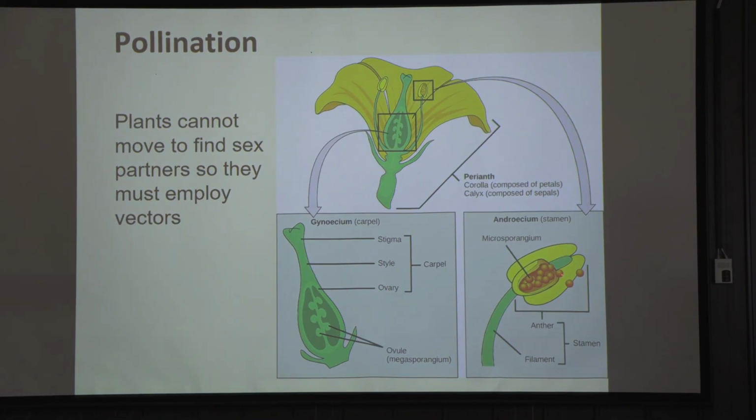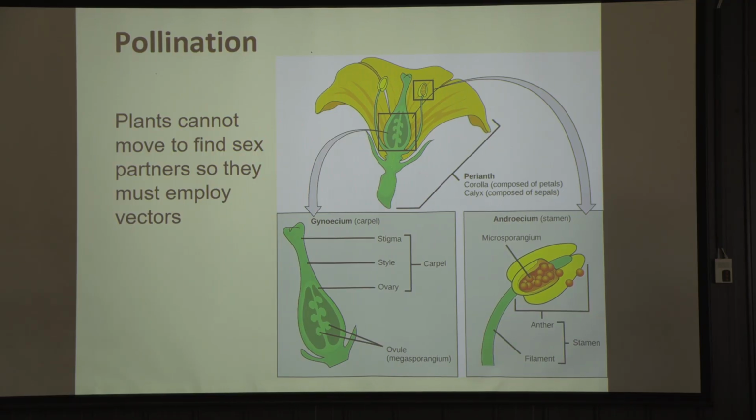So they need to get to the stigma where they can germinate, and a tube grows down in towards the ovule, and then the genetic material that's contained within the pollen grains is released, and it unites with the genetic material of the ovules, the female parts of the plant.